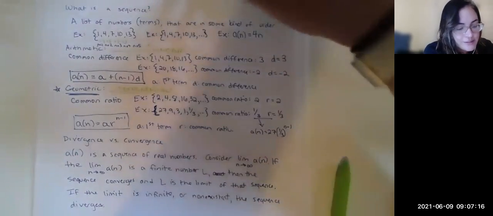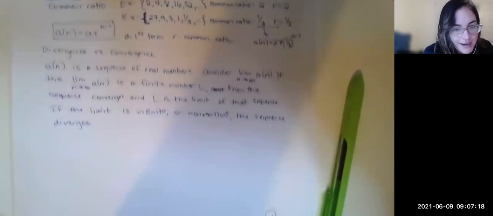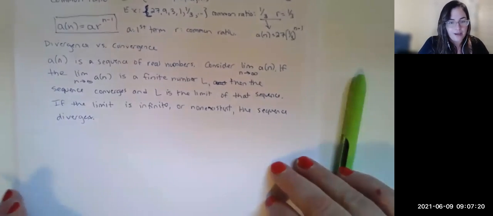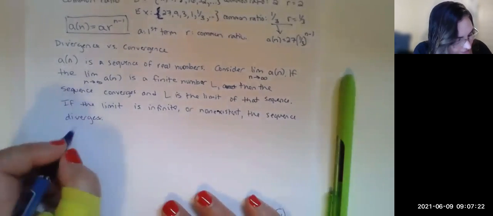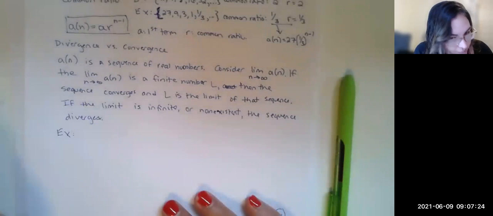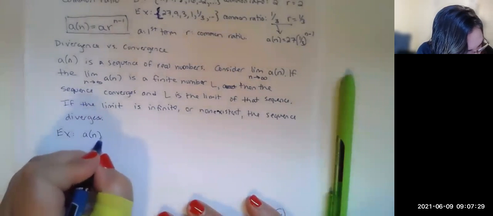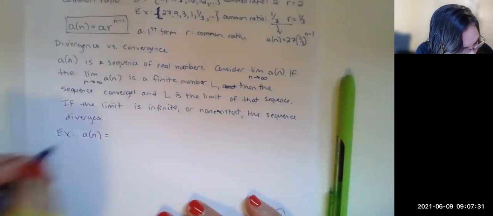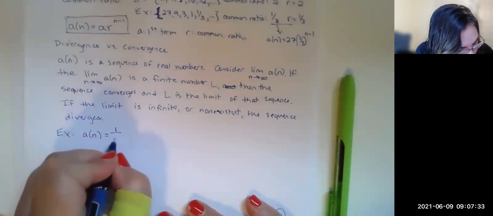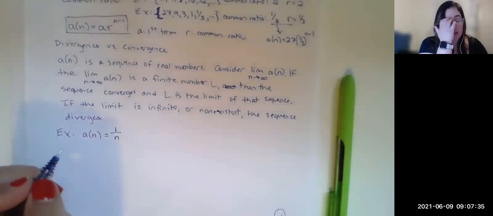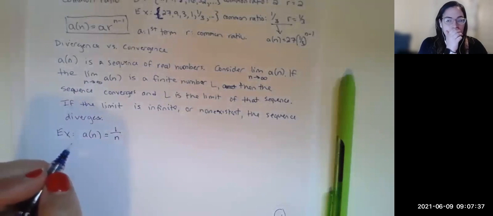So let's look at this with maybe some actual examples. Maybe that would help. So let's take the sequence A of n equals 1 over n. Okay, let's take the sequence 1 over n.